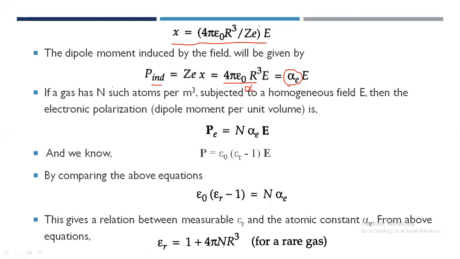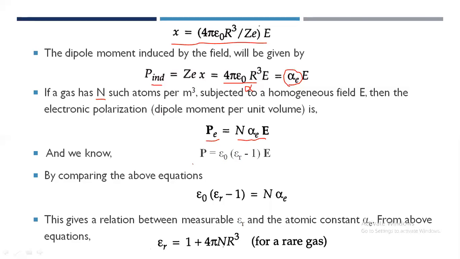If a gas has capital N such atoms per meter cube subjected to the homogeneous field capital E, then the electronic polarization, that is dipole moment per unit volume, is Pe is equal to N into alpha E into capital E.